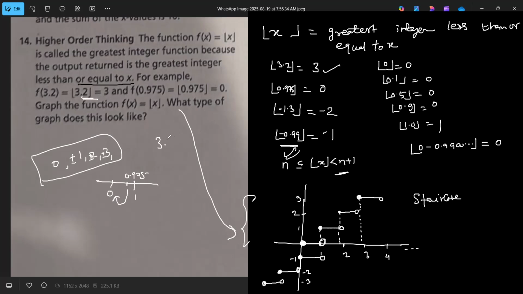At 3, when you take 3.2, you will get what? 3. You can see here, I am drawing with red color. If the value of x is 3.2, you are choosing 3, right?